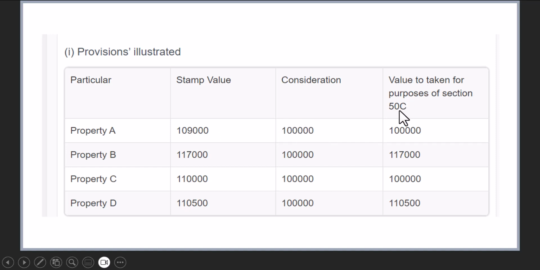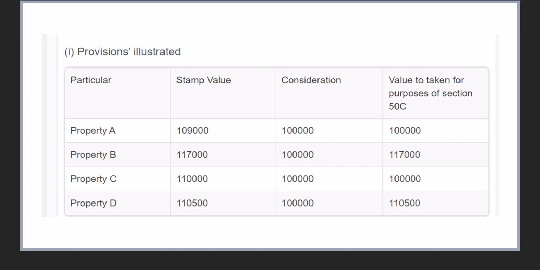Then the value taken for calculating the capital gains will be 1 lakh, because the stamp duty value is less than 10% higher. Whereas if the stamp duty value is 1,17,000 and the consideration is 1 lakh, then we will adopt the stamp duty value for paying taxes. Now, if the stamp duty value is 1,10,000 and the consideration is 1 lakh, then also we'll take 1 lakh because it is exactly at 10%.